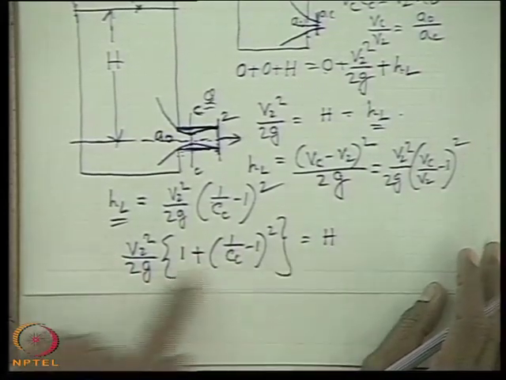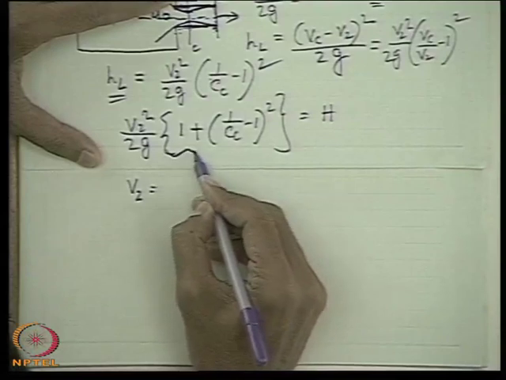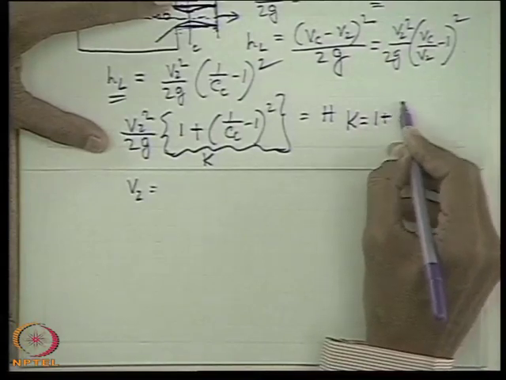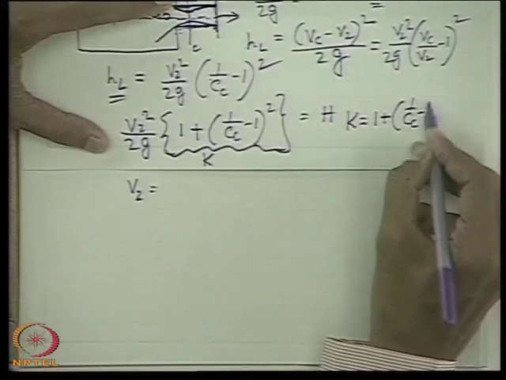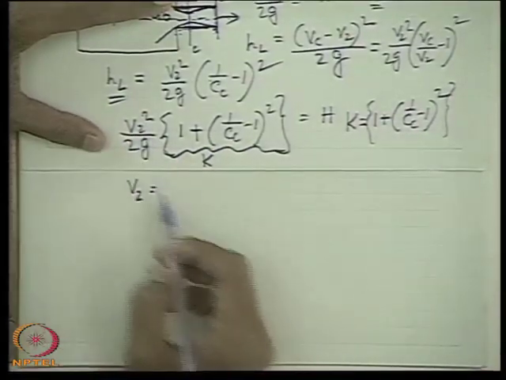Okay, this is okay. Now I write here, therefore V2 is equal to, now if I take this as K, which is very important. What is K? K is equal to 1 plus (1 by Cc minus 1) whole square. This is K. That means this coefficient of V2 square by 2G.